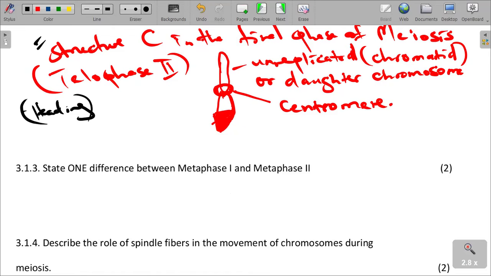And then the drawing also must be very perfect, it must be clear, as is being represented on the board here. So it is very important for you to show that it is unreplicated, or a daughter chromosome, which we can also say is a chromatid, which is separated. And then we also have one shaded, one unshaded.